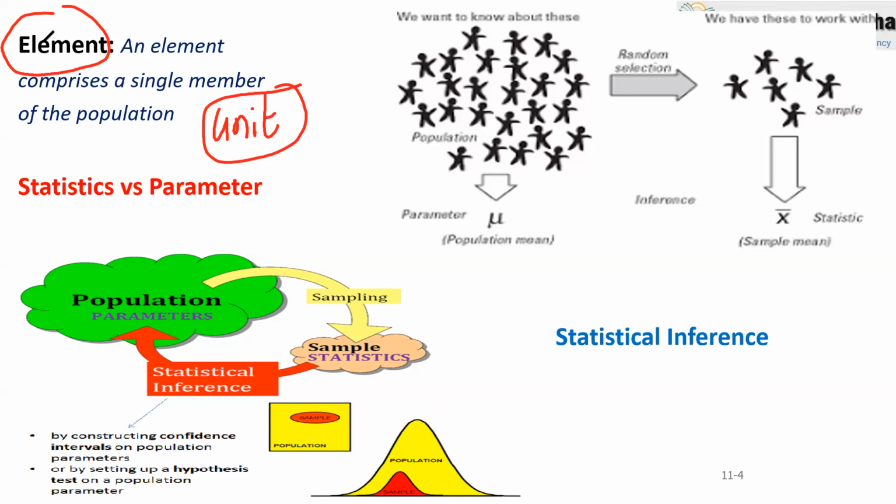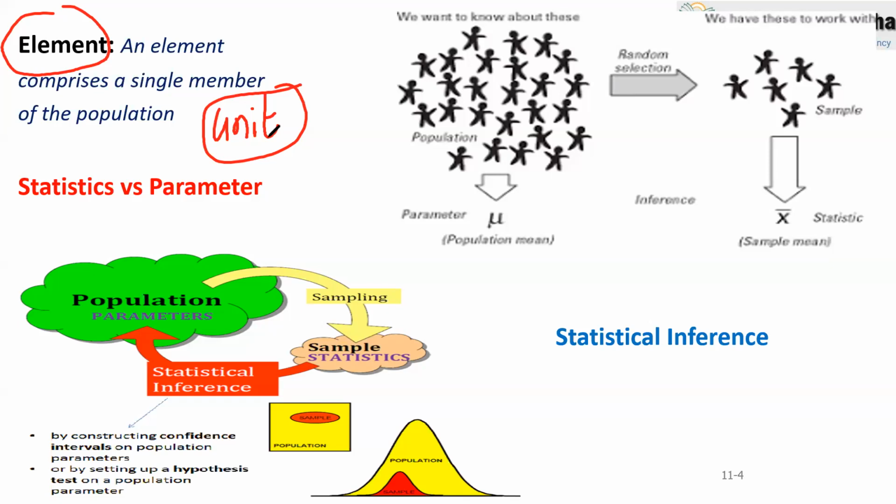The unit may be an individual, a company, a patient, a student, or a customer. So you have to define from whom you are going to collect the data. This is called population unit or sample unit, because the unit is the same.